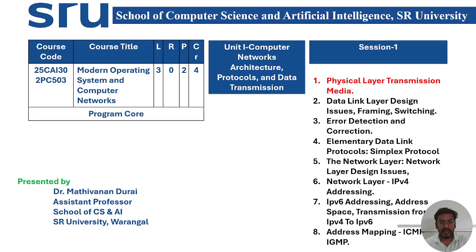An operating system acts as an interface between the users and computer hardware, handling processes, memory, files, and system security. Computer networks enable data communication between devices using various protocols, addressing methods, and networking technologies.